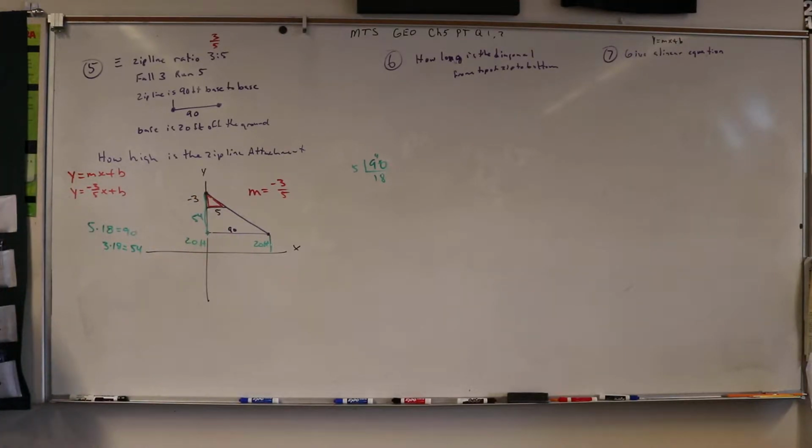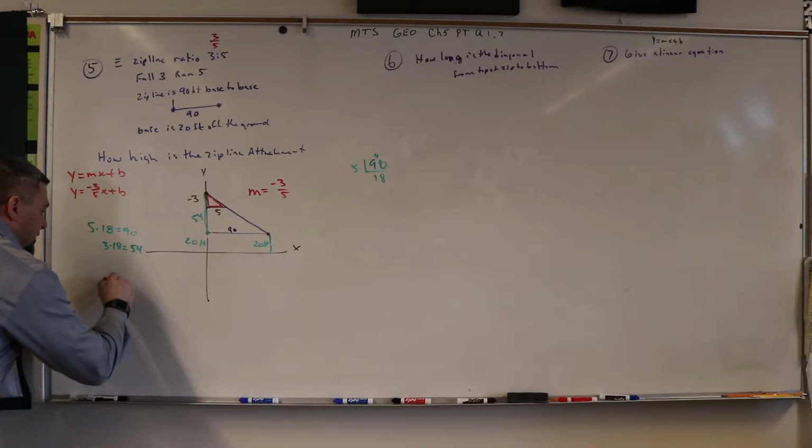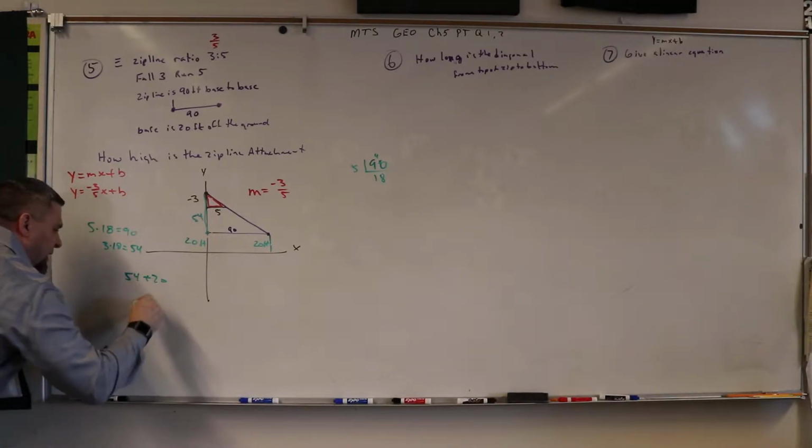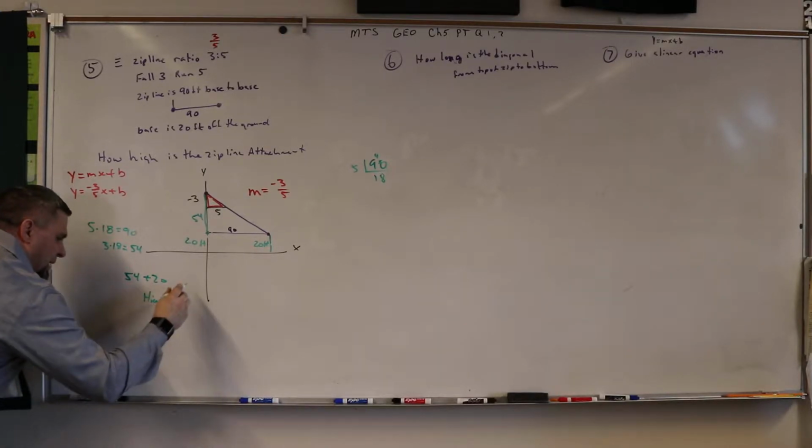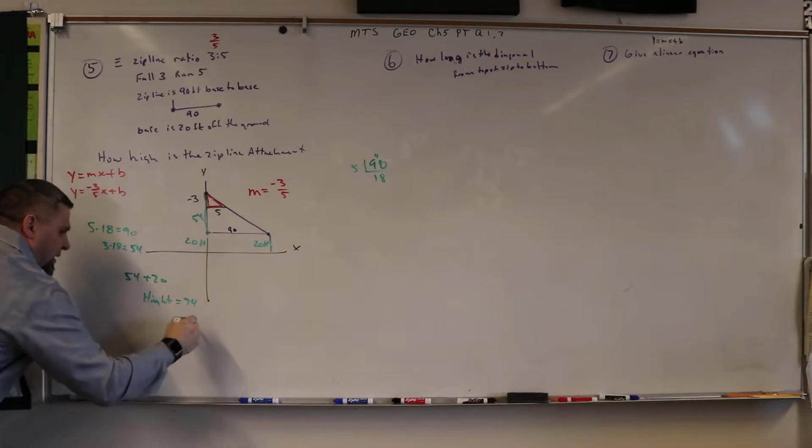So then what's our height? What's 54 and 20? 74. Yeah. So 54 plus 20 means that our height is 74.